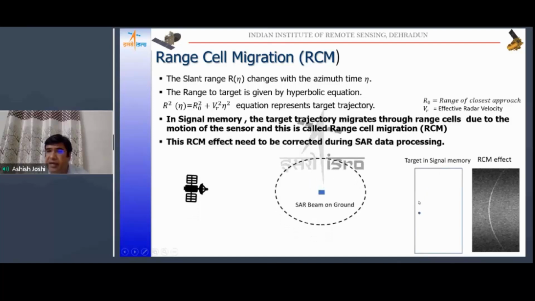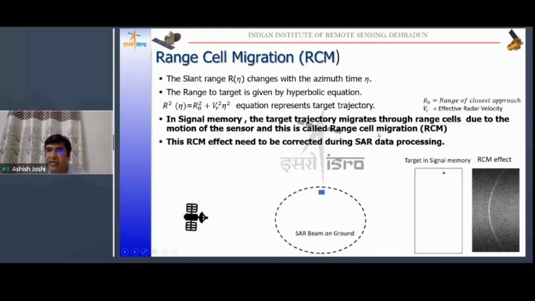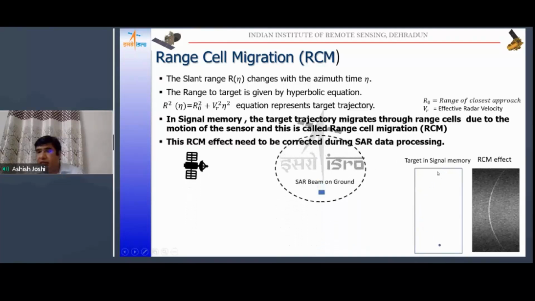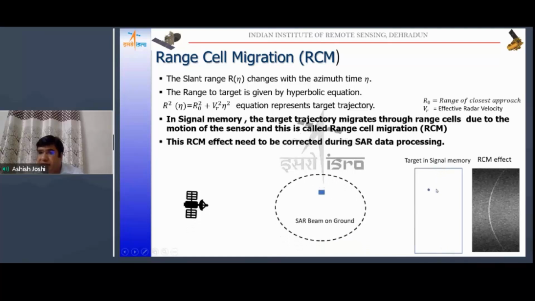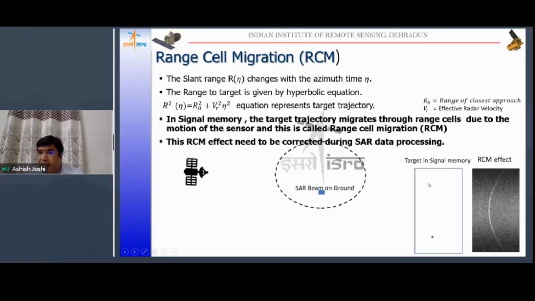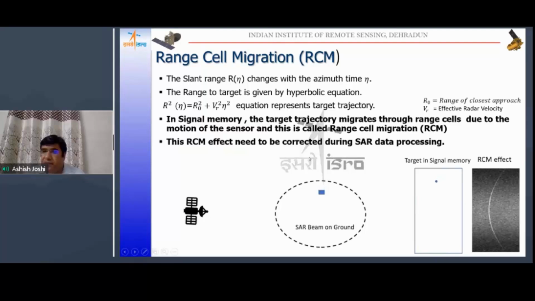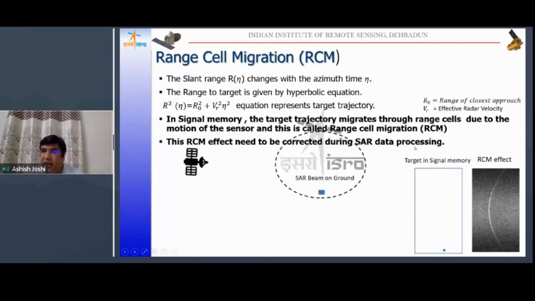So we have to correct this. This is called the range cell migration. The range cells are migrating, meaning the target is not written in a straight line like this, but is migrating along the hyperbolic surface. So this RCM effect needs to be corrected during the SAR data processing.